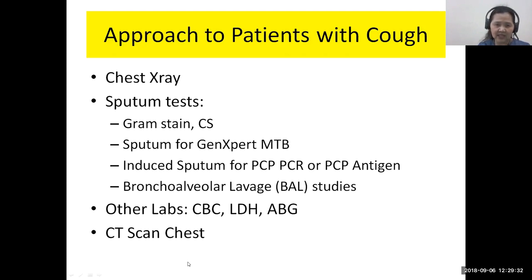We'd like to send sputum for Gene Expert MTB. So I hope your hubs have access to Gene Expert tests. Sometimes it's hard to get phlegm because of the dry cough.